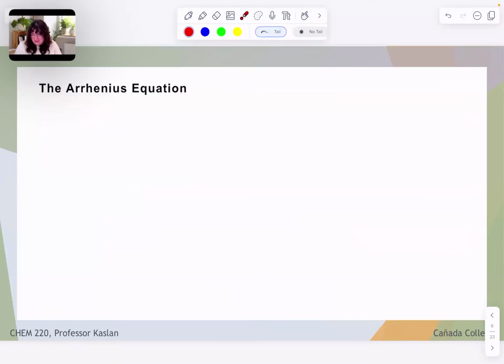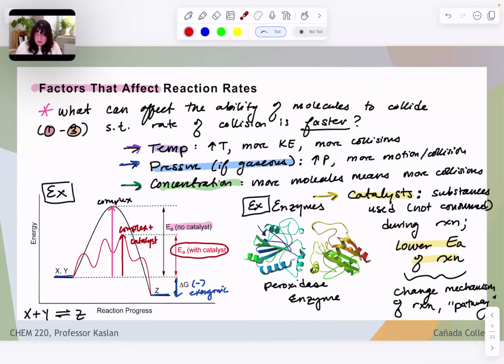So in our next video, we're going to talk about the Arrhenius equation, which directly correlates things like temperature and activation energy to the frequency of collisions, meaning the rate of reaction.